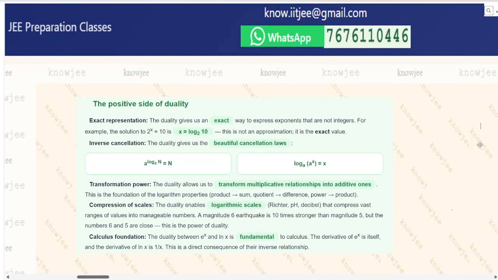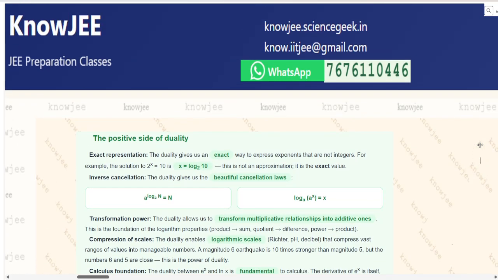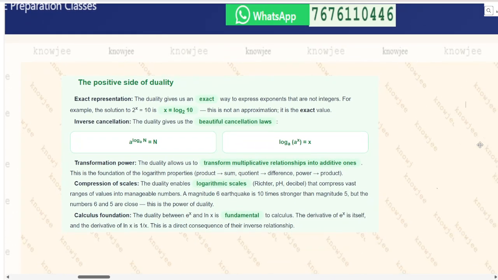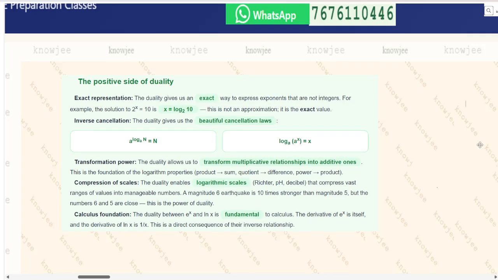Let's talk about duality. There are two sides of duality, positive side and negative side. Here you can see a raised to the power log n base a equals n.